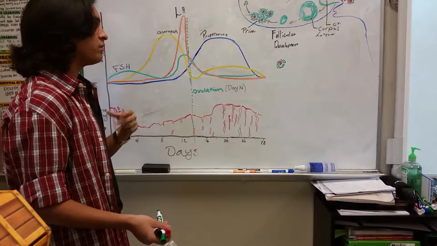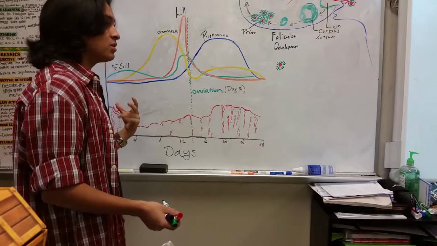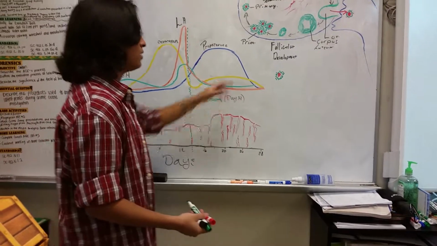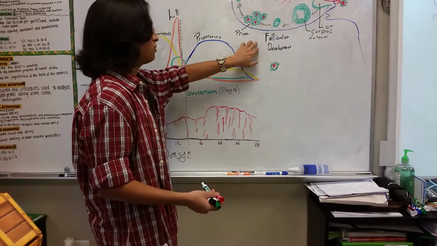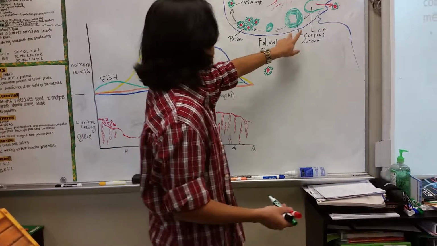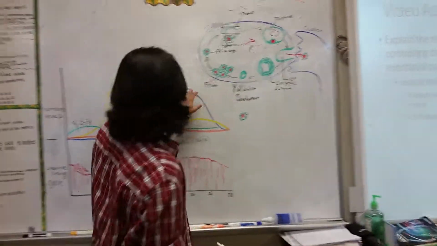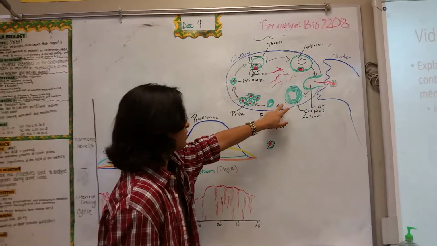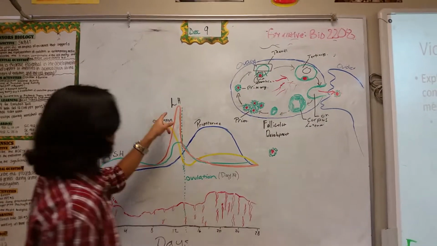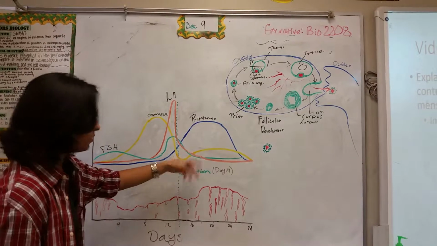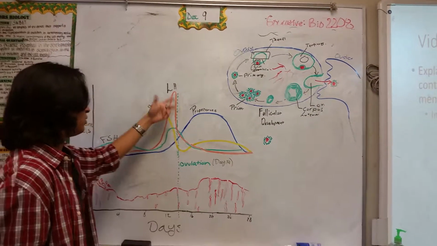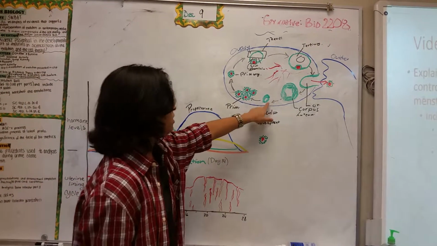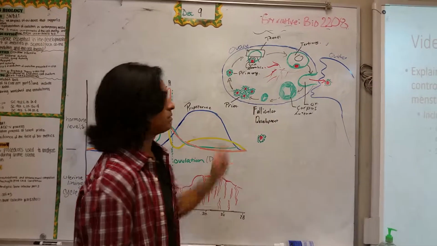This is sort of where follicular development stops. The follicle as a whole stops, but we still have the corpus luteum, which is going to be secreting progesterone, and that's going to eventually, over the days, break down due to the lack of presence of the luteinizing hormone into the corpus albicans.